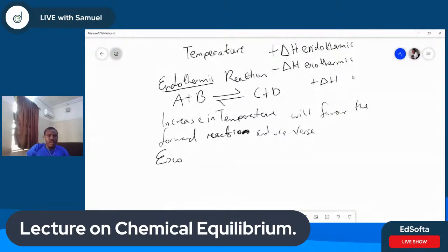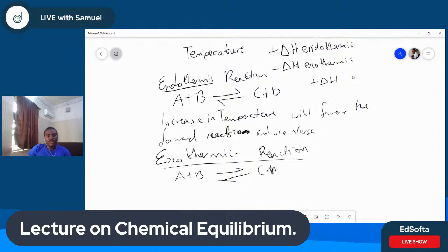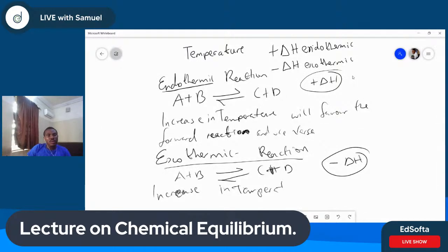Then we have exothermic reaction. This one is where you have A plus B, you have your reversible reaction, and you have a negative delta H. So increase in temperature here will favor the backward reaction, and vice versa.